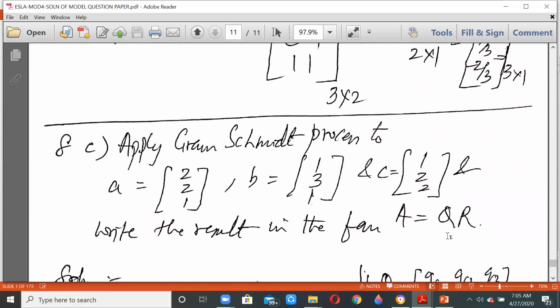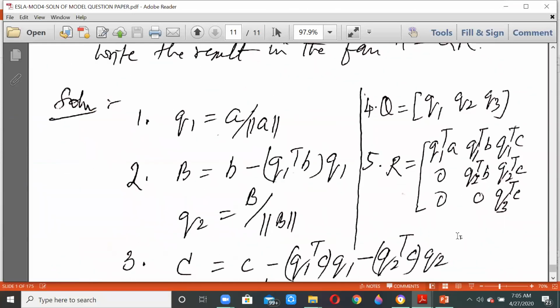Here 8c is the Gram-Schmidt process for a equal to this, b equal to this, and c equal to this, and write the result in the form A equal to QR. I'm not solving this and leaving it as an exercise. I'm just writing the formulas. q1 is equal to a by the length of a.